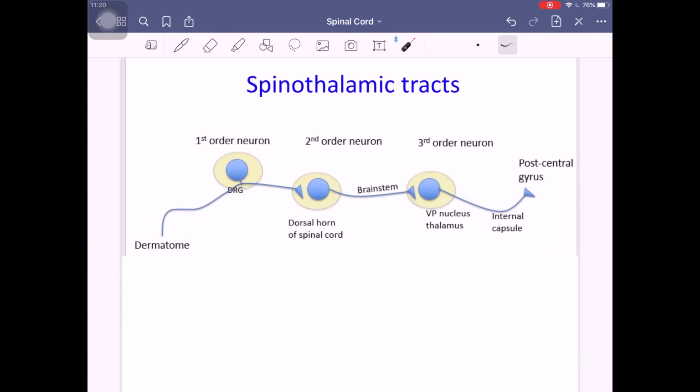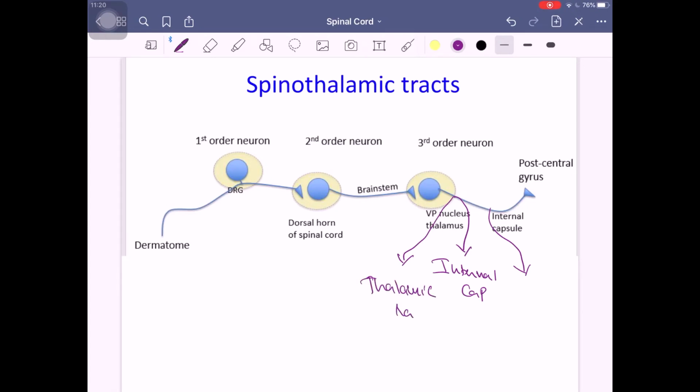So here the information is passing from here, it goes through the internal capsule. Before the internal capsule there was the thalamic radiation.